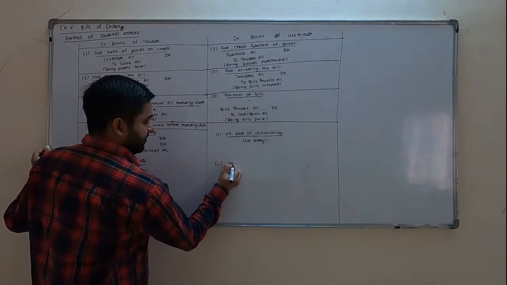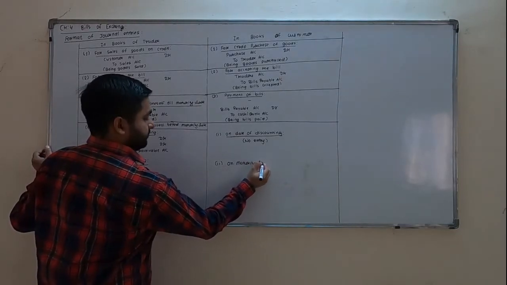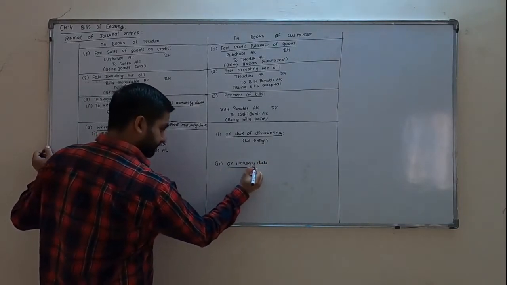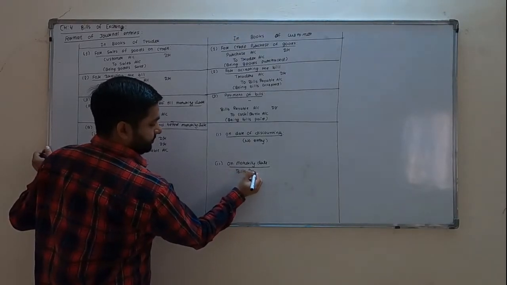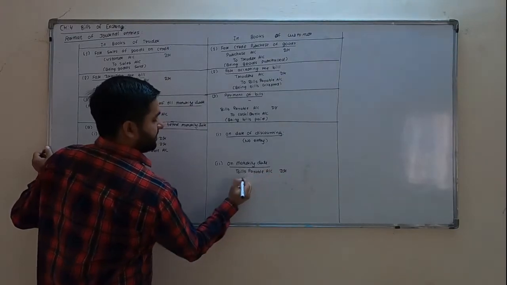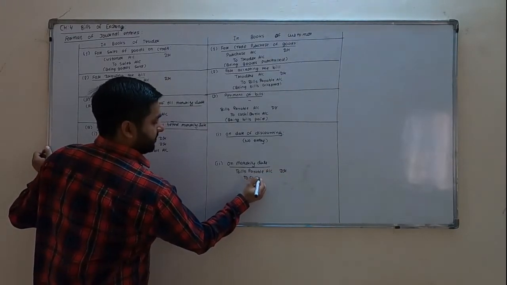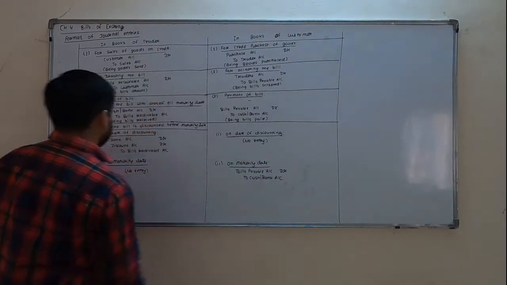Now here on maturity date, same entry, bills payable account debit to cash bank account.